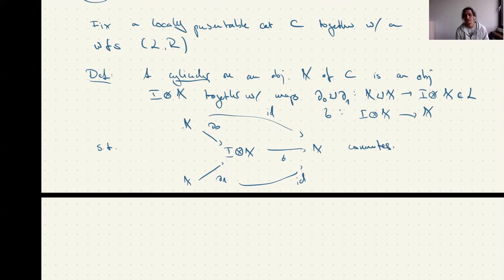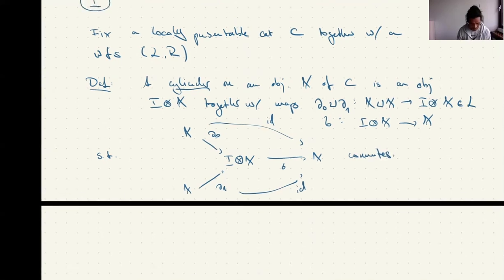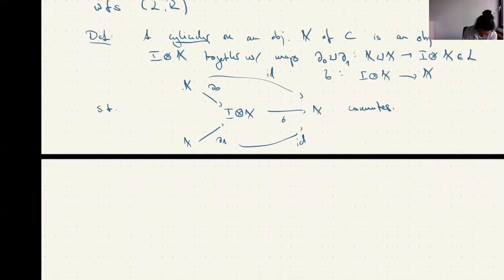Right, and then one further definition is a functorial cylinder object on a category. Can I just ask, the second map, you didn't ask any condition of it? The map from I tensor X to X. No condition. Okay, thanks. Right. Yeah.